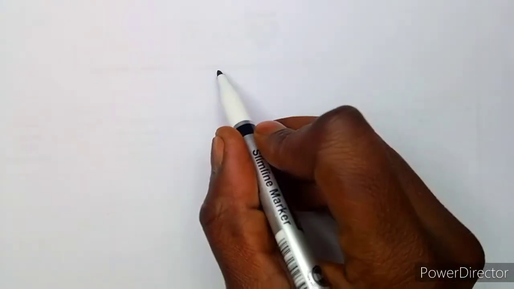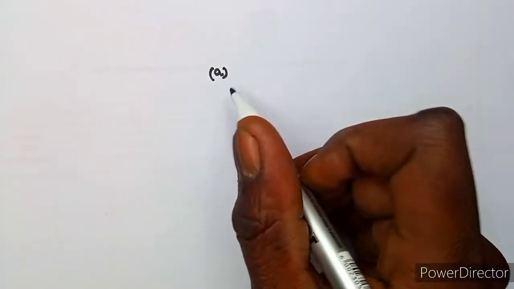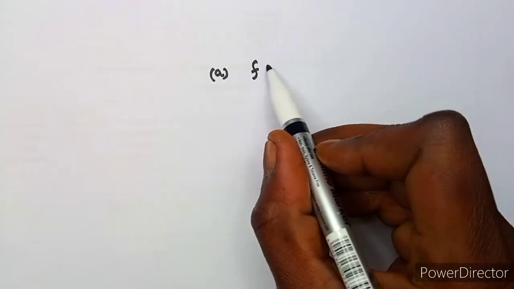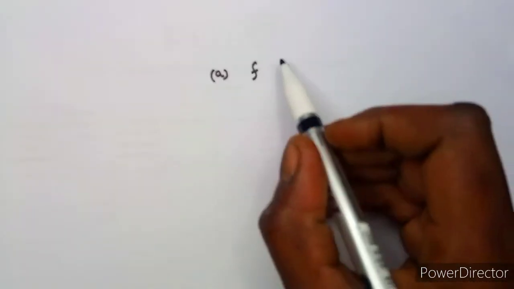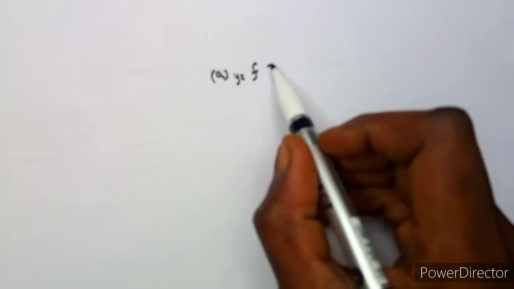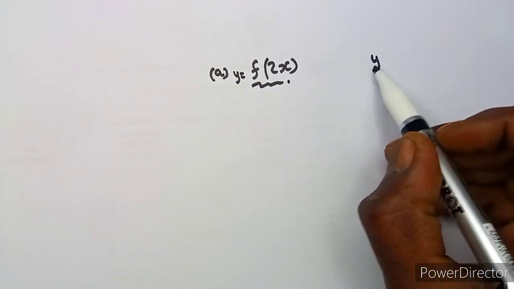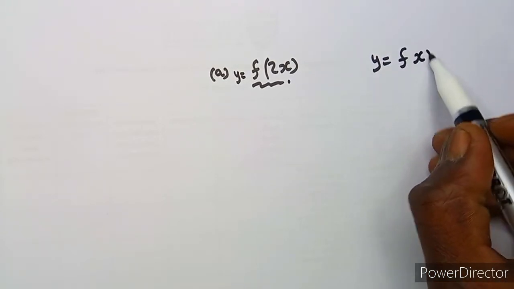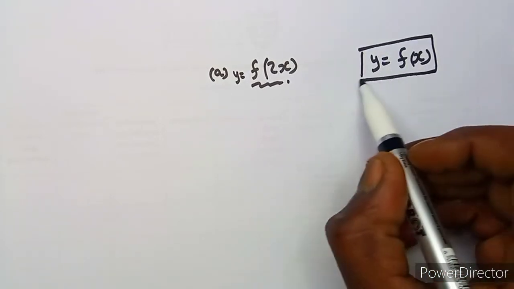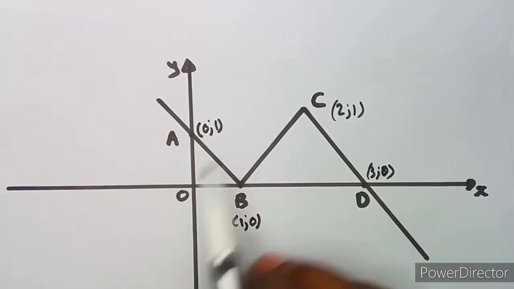So what we have, guys, is that we want to transform. This is our first transformation, which is f of 2x, y equals f of 2x. This is the function that we want to draw from y equals f of x, which is originally given here with these coordinates.